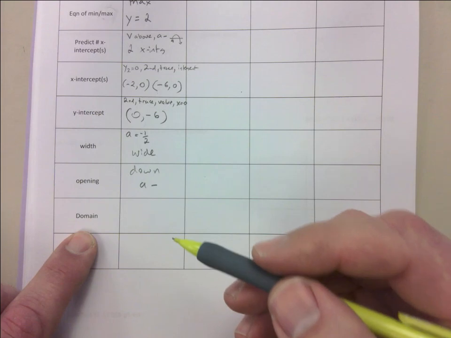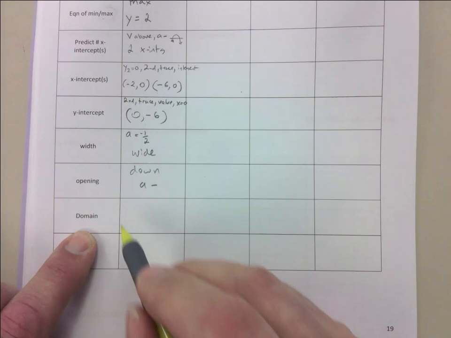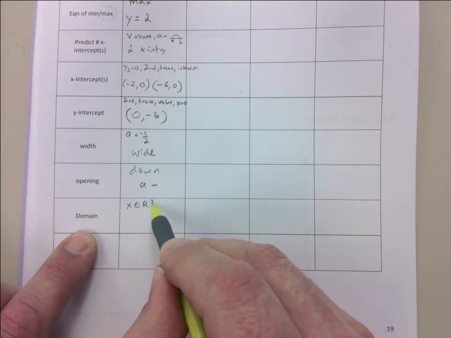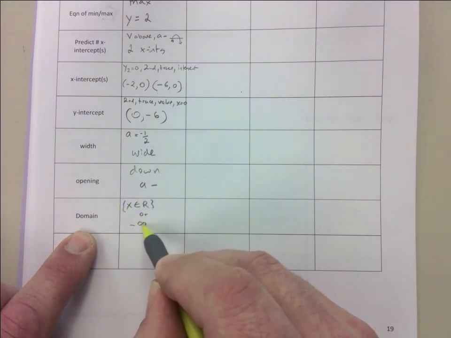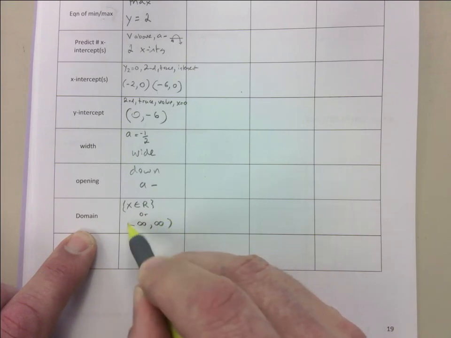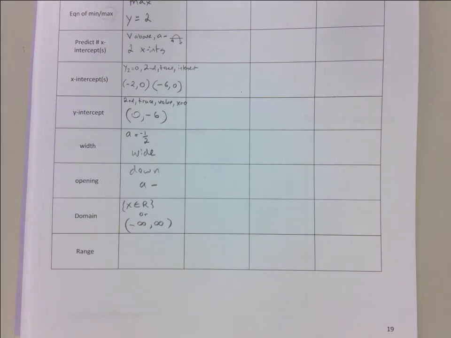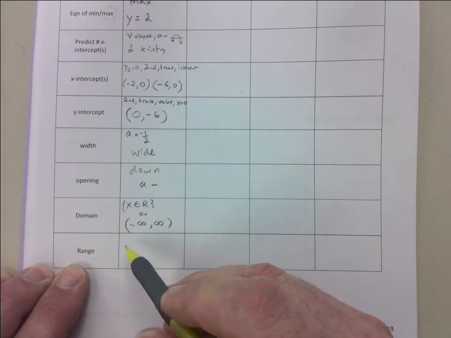What's the domain of this one? Easiest one of all. X belongs to all the real numbers, or negative infinity to positive infinity. If it doesn't tell you otherwise, this thing just opens up from negative infinity to positive infinity. The range, we need to understand which way it's pointing.